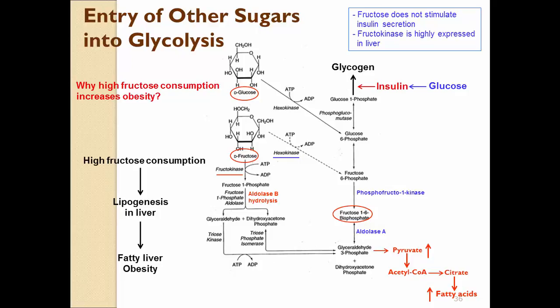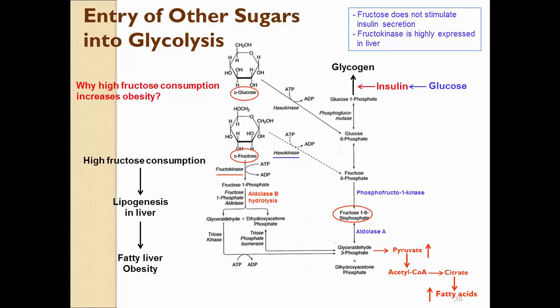One, as I mentioned, fructose metabolism bypasses the rate-limiting reaction, so fructose can be metabolized without control, and more is converted to pyruvate.